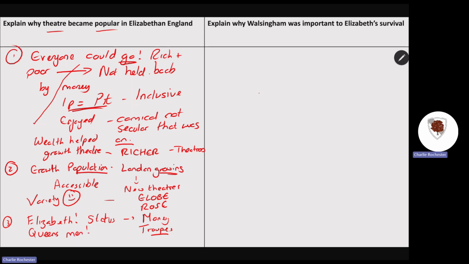Now, even though Elizabeth didn't actually go to the theatre, by providing patronage for these groups, it had royal approval, which gave the theatre lots of respect, which meant lots of people went to it. So the theatre became popular for many reasons. That's your real snapshot on why it became popular.